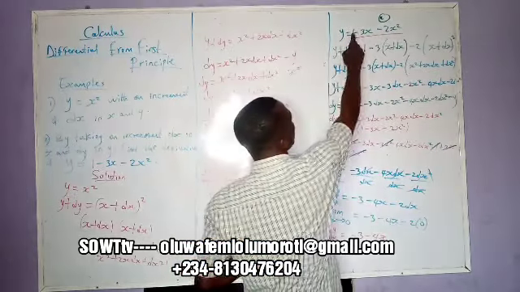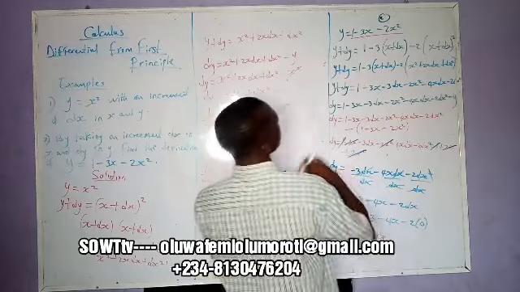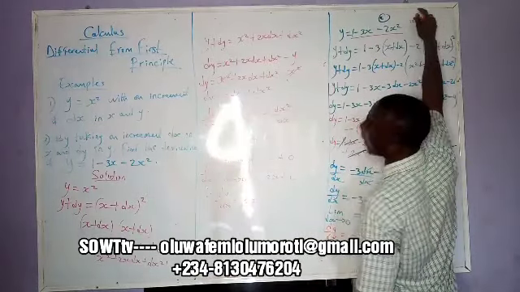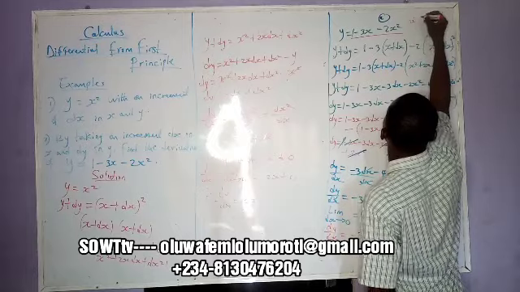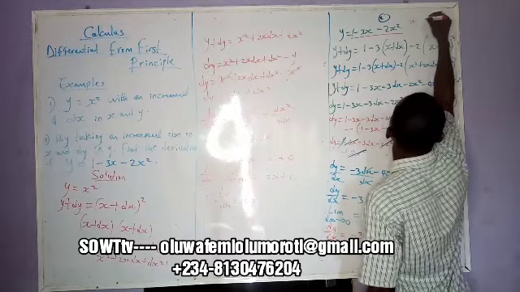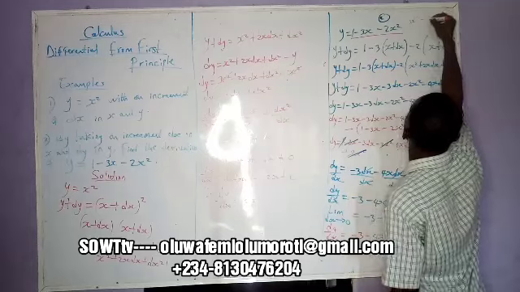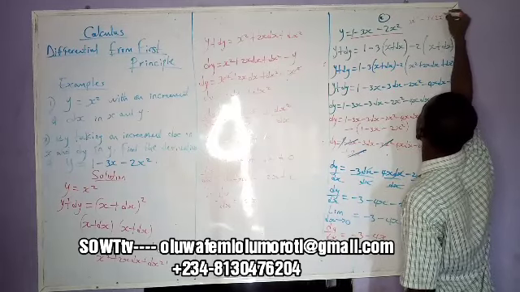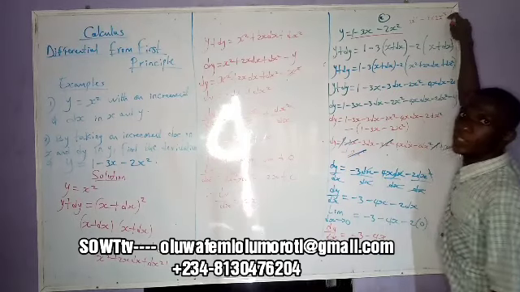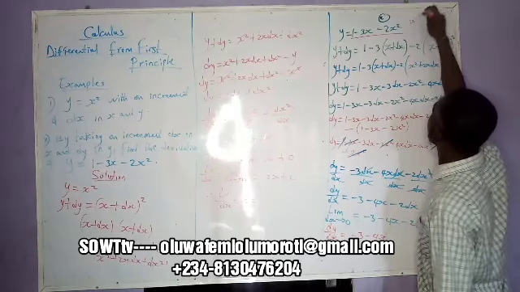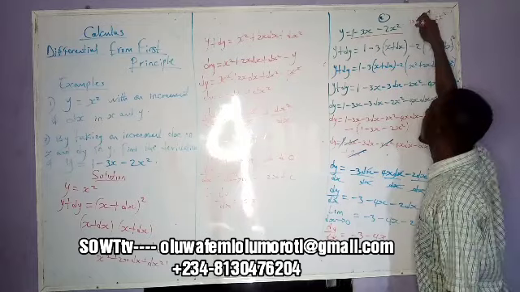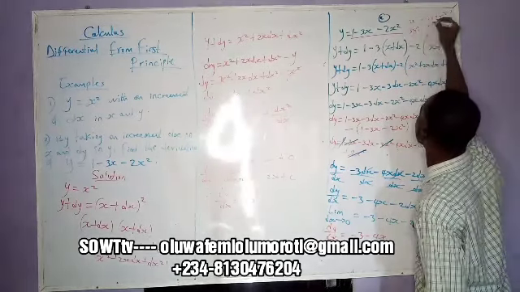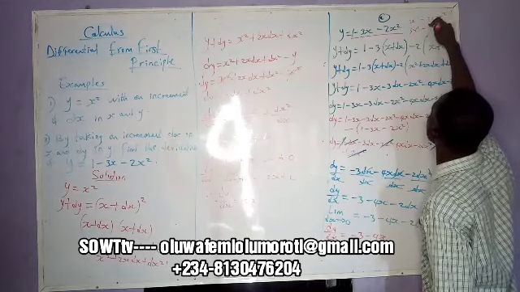This 3x, x has power 1, minus 1, that is 0. This power will come in to multiply, that is times 2x, then decrease by 1. So 1 minus 1 is 0, and any number raised to the power 0 is 1.